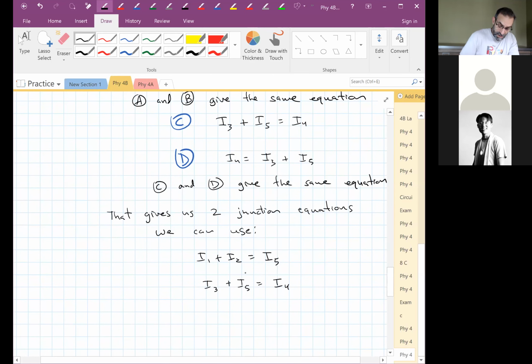So here are our two equations, and we need three more. So now we look at loop rules, right?